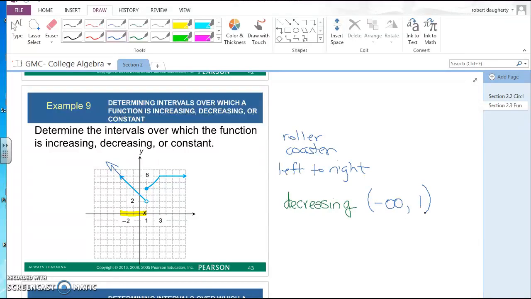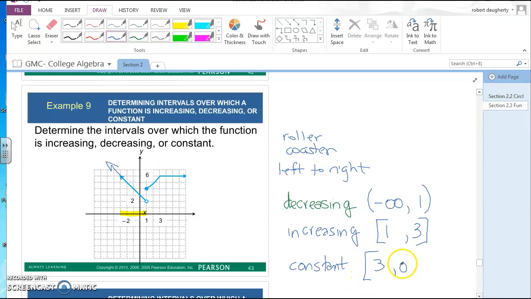Now, where does it increase? It starts increasing at 1, and it increases up to the point of 3, including that point. And then it is just constant, neither increasing nor decreasing, and that looks like from 3 to infinity.